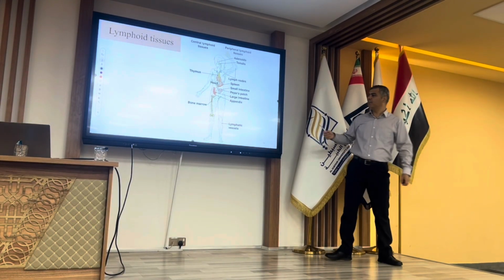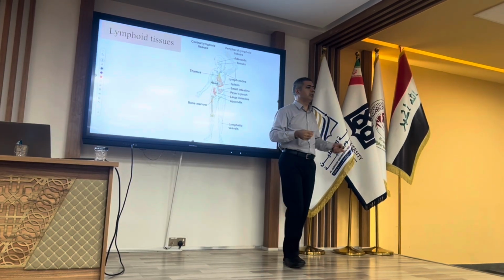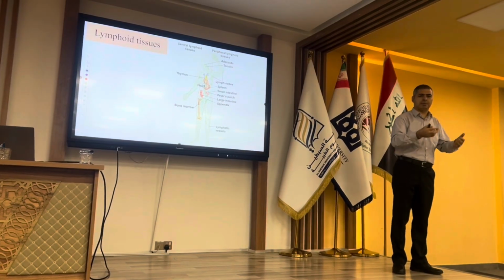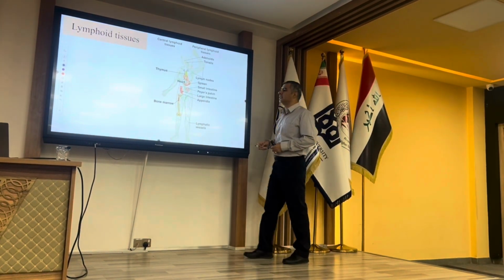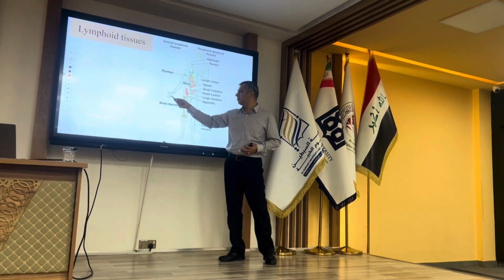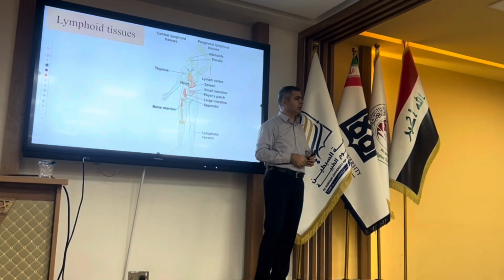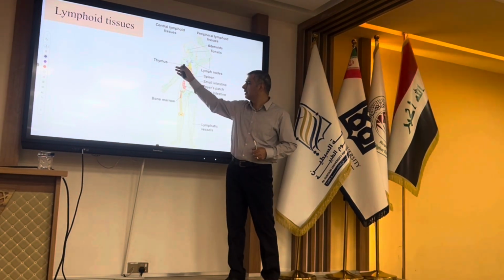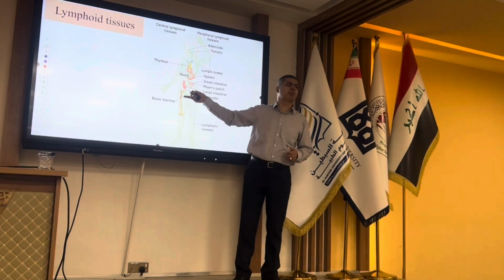Bone marrow and thymus. Yes, bone marrow is indeed a site of the central lymphoid tissues, the tissues where immune cells are produced or developed. All leukocytes and blood cells are produced in the bone marrow except for T cells, which are produced in the thymus. Even the precursors of T cells develop from hematopoietic stem cells of the bone marrow.